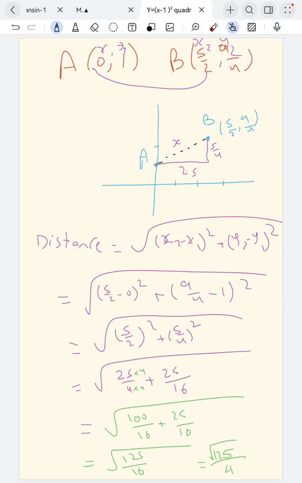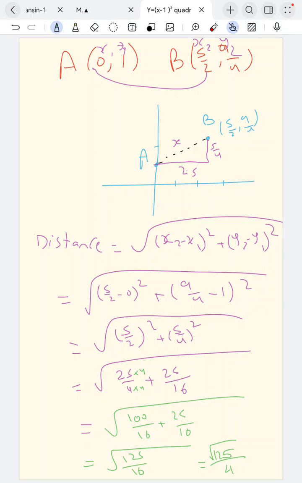So this is not a possible question in an exam without a calculator because we don't have an exact value. Let me check also, 5 over 2 squared plus 5 over 4 whole squared. Let me get the calculator so I can check that there are no mistakes.